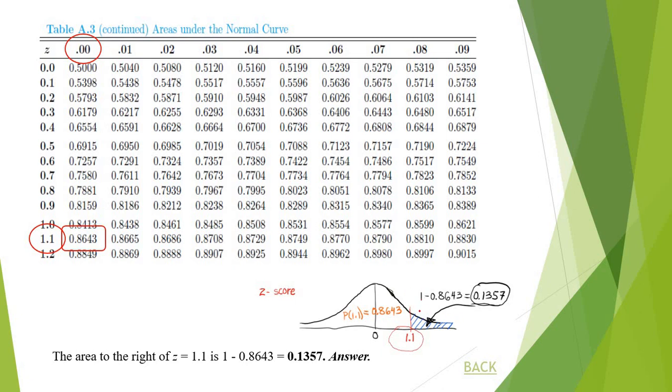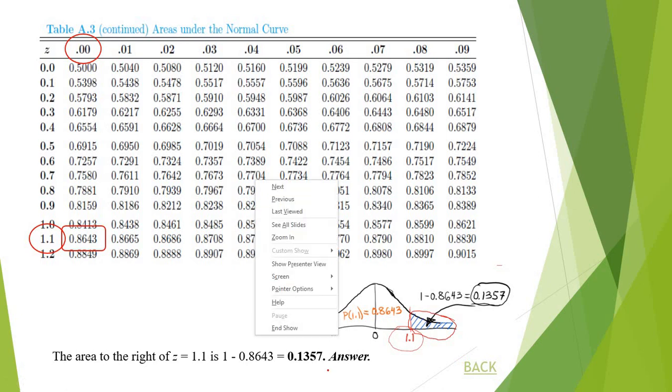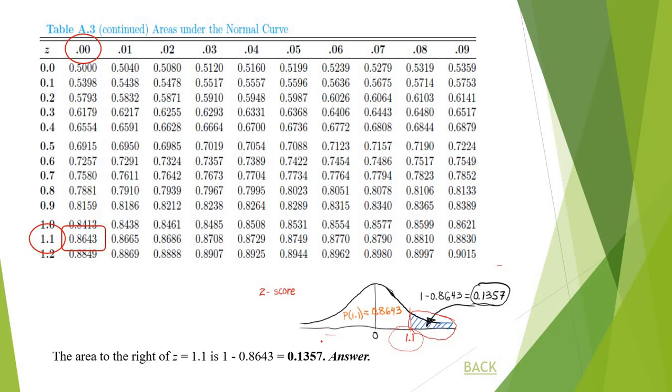And we are interested in this area, so we simply subtract this probability from 1. So we have 1 minus 0.8643 is equal to 0.1357. So that is why we have this corresponding answer.